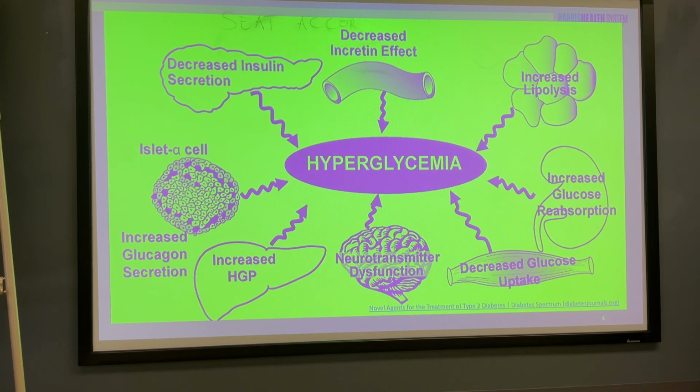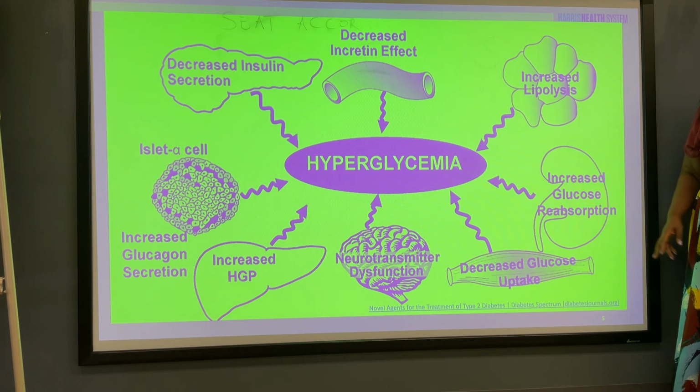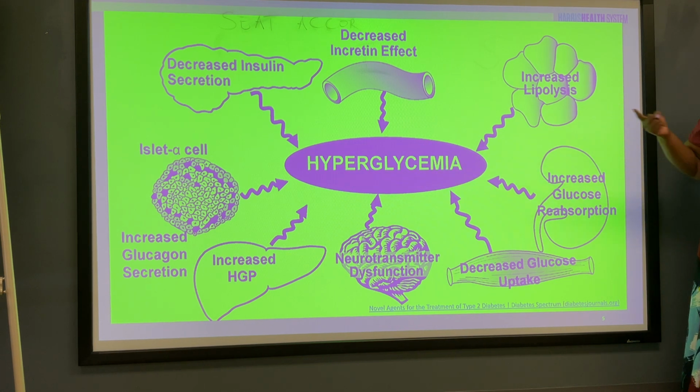This is a picture that you might see in textbooks, but it references what's called the ominous octet, and basically it's representing the multi-pathophysiological disease process that's happening in type 2 diabetes and how it leads to hyperglycemia, or elevated blood sugars. So the pancreas, we talked about, is not making enough insulin.